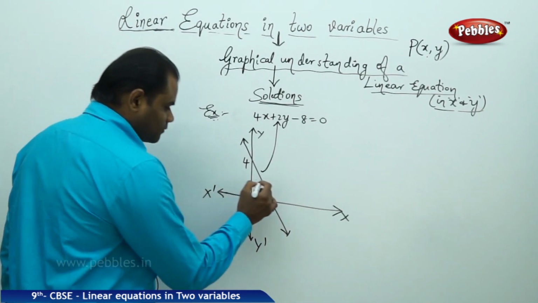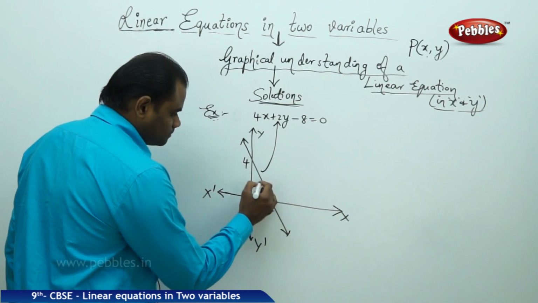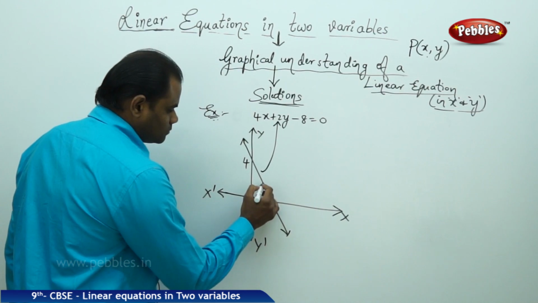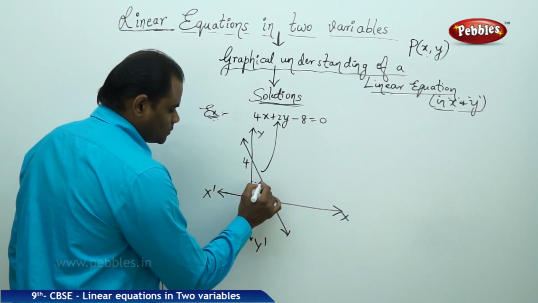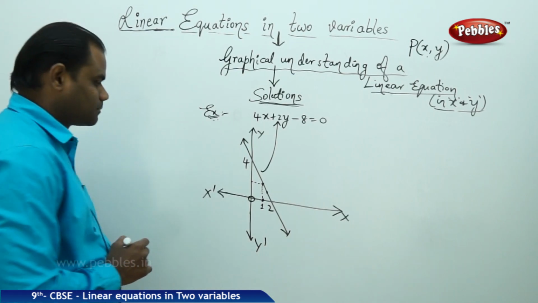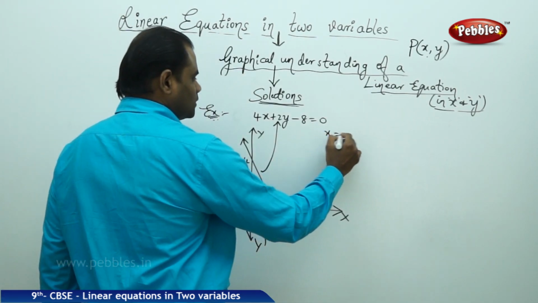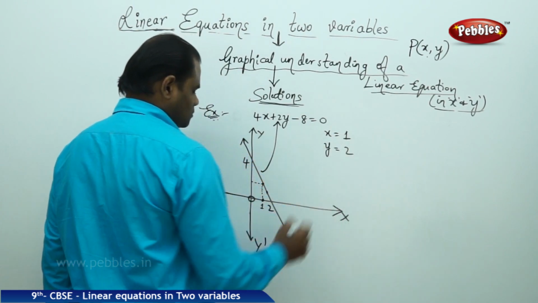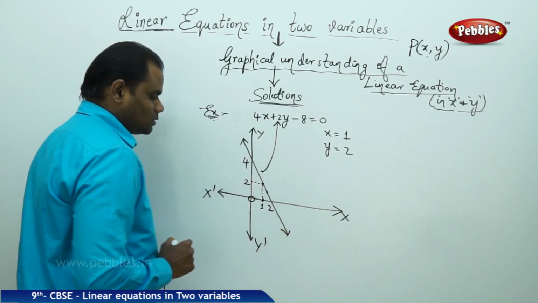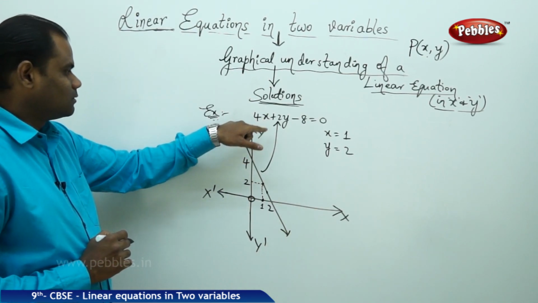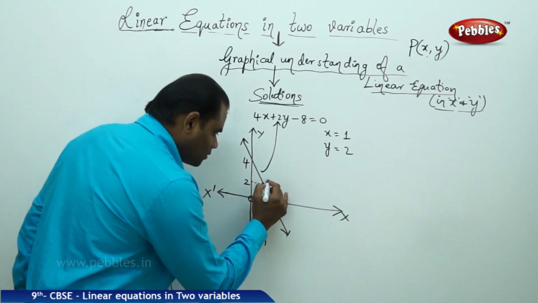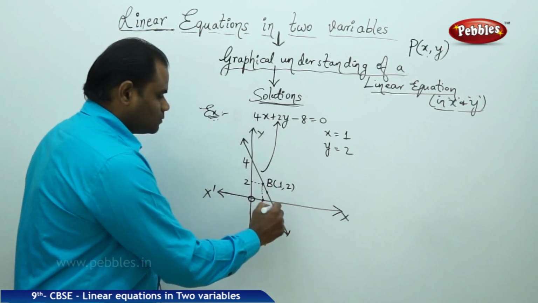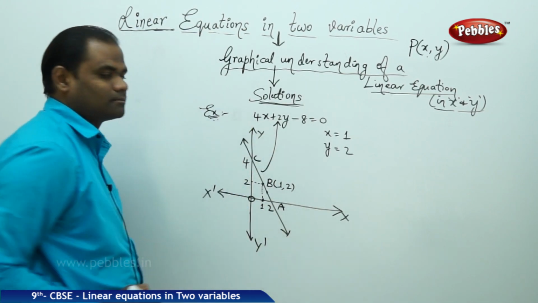That is, when I take, for example, a point out here, which is x equal to 1, what is its respective y coordinate? When x is 1, clearly we identified in the previous session that y is 2. So I got this to be when x is 1, y is 2. Therefore, this coordinate is (1, 2). This is A and this is C.